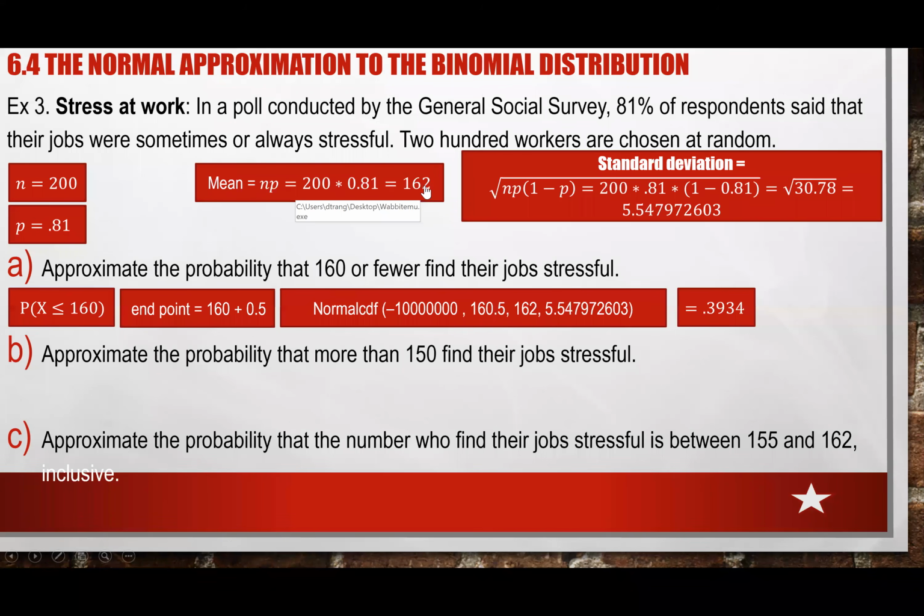This thing here is less than 162, so it has to be less than 50%. But anyway, any questions with the procedure on how to arrive at this 0.3934, or does anybody not know how to plug this in your calculator?